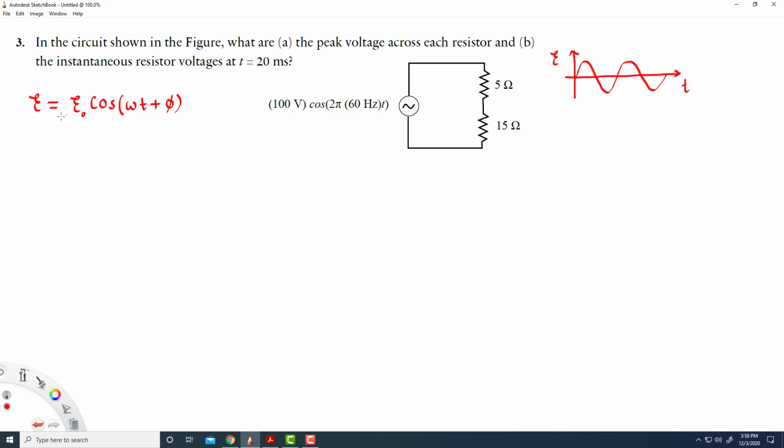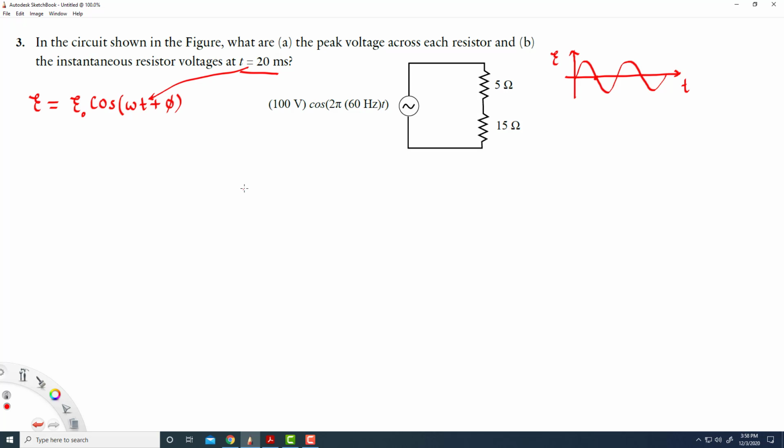So that's the instantaneous EMF, meaning the value of EMF at any particular instant of time. So if you want to find the EMF at this particular time, you just plug this number in this equation and that will give you the EMF. Likewise, if you want to find the EMF at 20 millisecond time, you plug this time in this equation and that will give you the EMF.